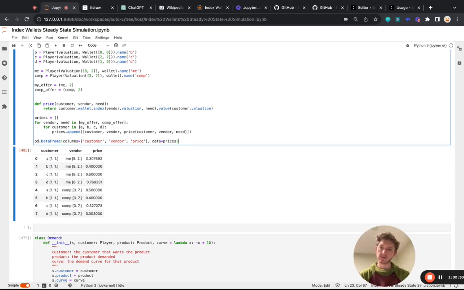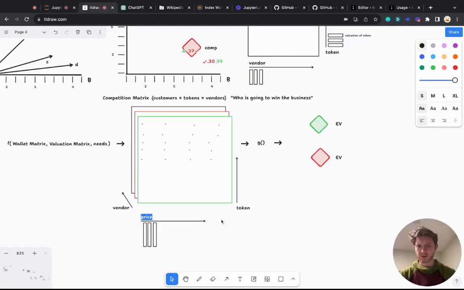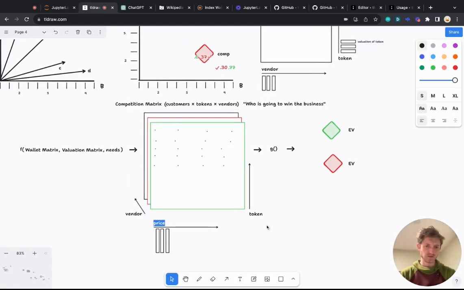But what is the token thing doing for us? Vendor?